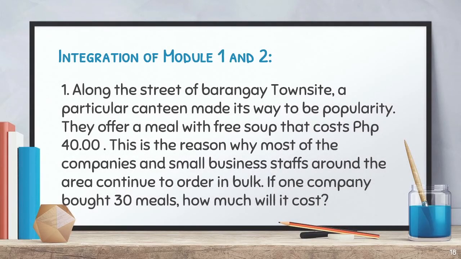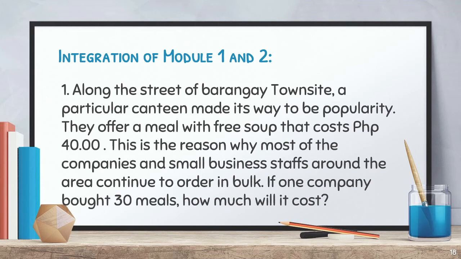So here, we're going to integrate Module 1 and Module 2. Along the street of Barangay Townsite, a particular canteen made its way to popularity. They offer a meal with free soup that costs 40 pesos. This is the reason why most of the companies and small business staffs around the area continue to order in bulk.